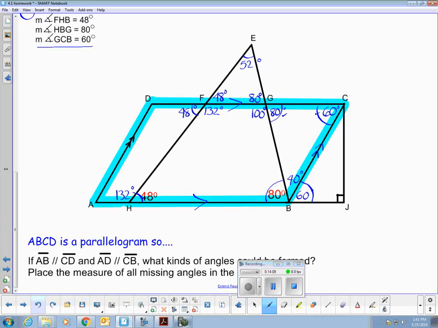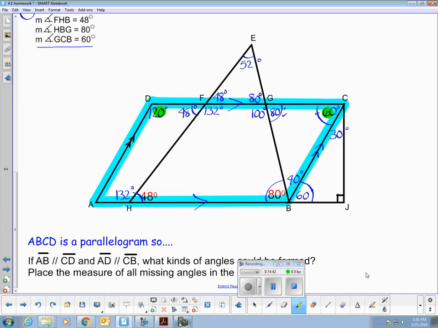So the third missing angle in this triangle, we have 60 degrees, 90 degrees. So the third missing angle has to be 30 degrees. Angle D is 120 degrees. The reason why this is 120 degrees is this angle and this angle are same side interior angles.